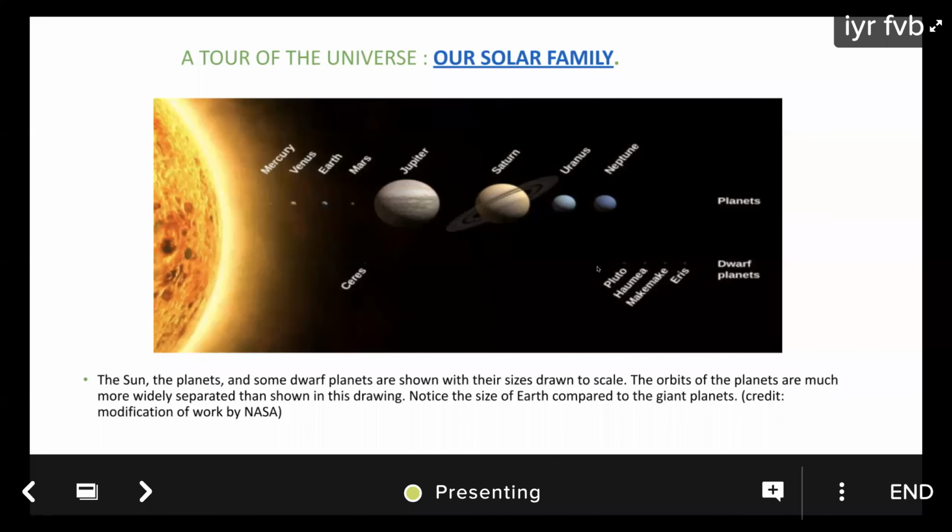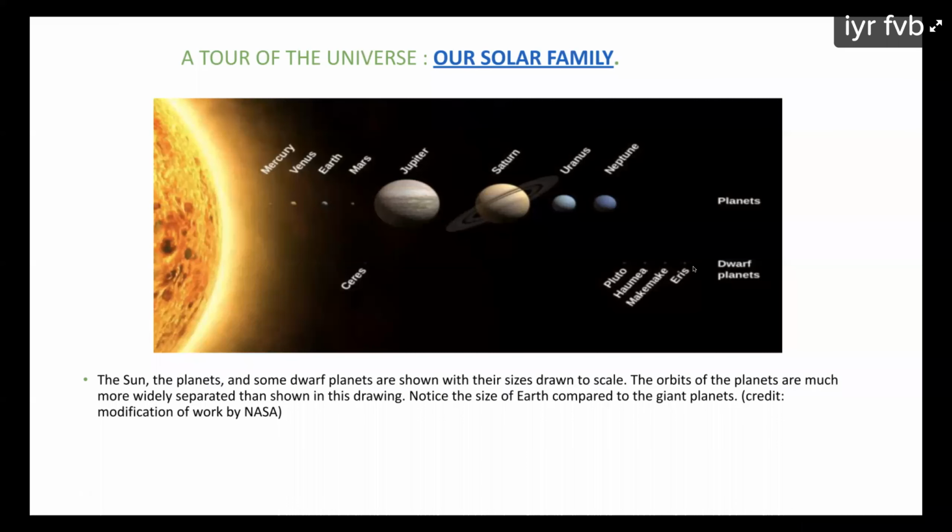And then apart from that, we have a few dwarf planets, which you can see are relatively smaller than the usual planets. So Pluto, then you have Makemake, Eris, those kinds of dwarf planets, right? The dwarf planets differ from the planets in our solar system because they are smaller in terms of size, and there is a different definition put up by the International Astronomical Union to differentiate between dwarf planets and planets.